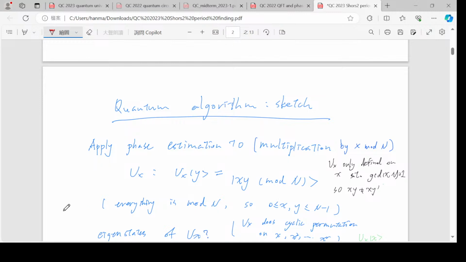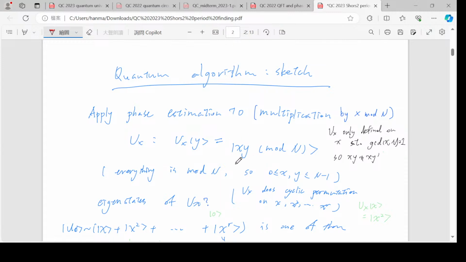But anyway, the weird thing that got me a little confused is we are not just doing multiplication. If we are just doing multiplication, then that's easy. There is a classical circuit to do this, even reversible.